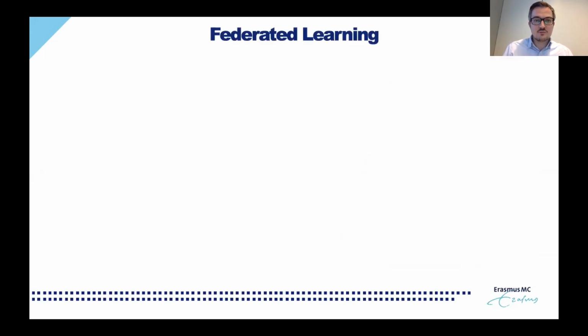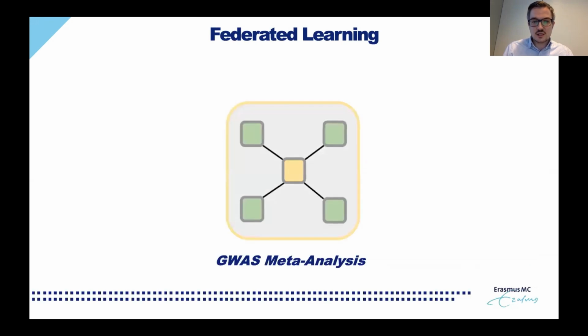And here comes another project which I'm also excited about and involved in my own research, called federated learning. That's basically a classical scheme for GWAS meta-analysis, where you have a central site and then you collect data from other cohorts based on summary statistics.